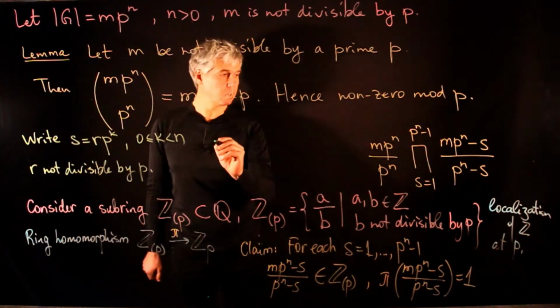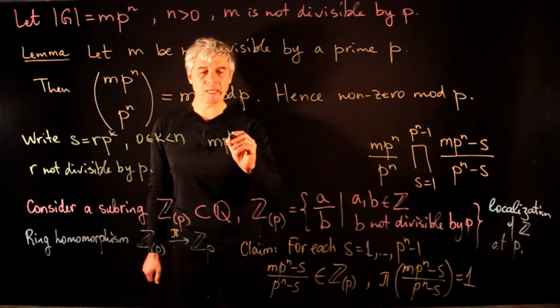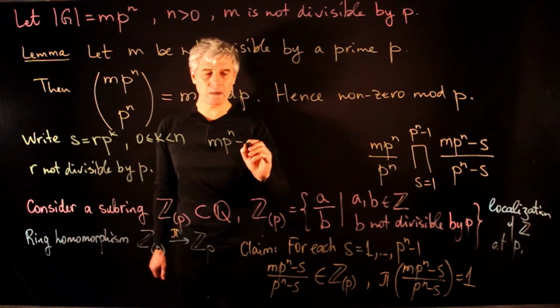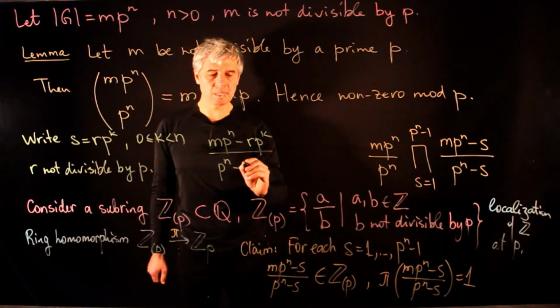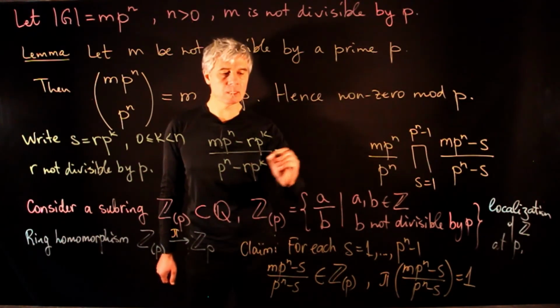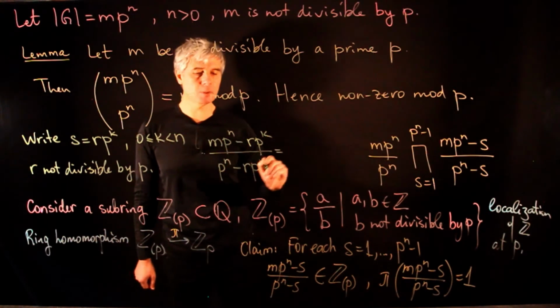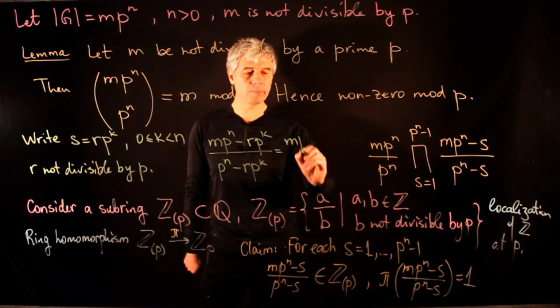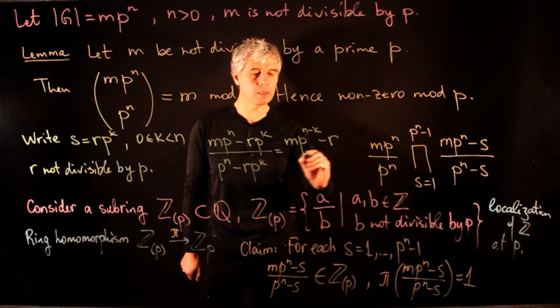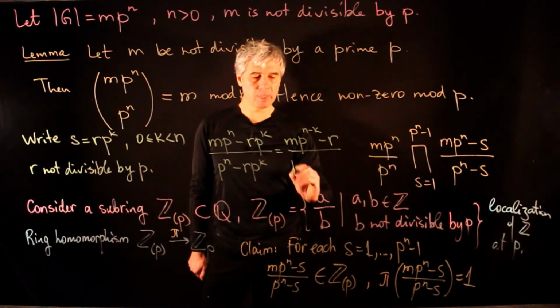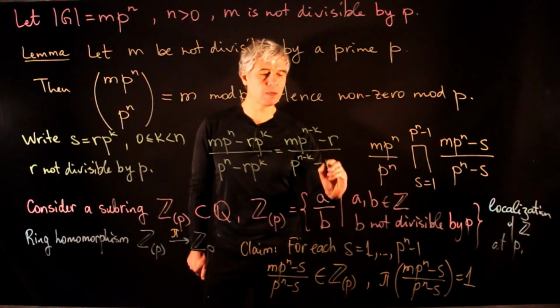So then m p to the n minus r p to the k over p to the n minus r p to the k is equal to, so we can cancel p to the power k, m p to the n minus k, which is strictly positive, minus r over p to the n minus k minus r.